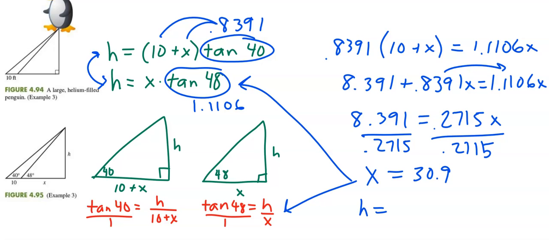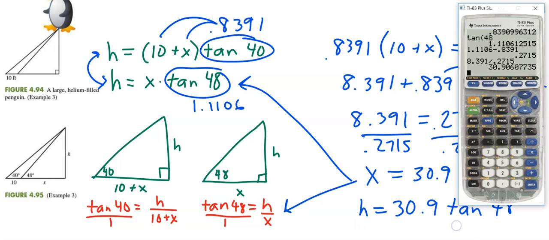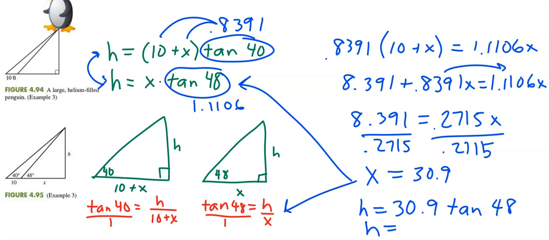h equals 30.9 times tangent 48. Let me type that out on the calculator here. 30.9 times tangent 48 is 34.3. So h equals 34.3.